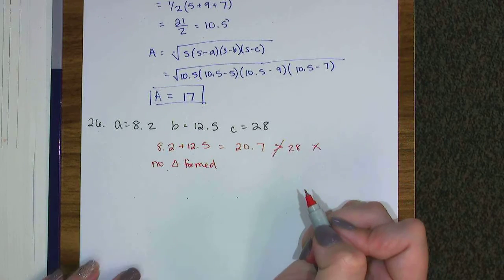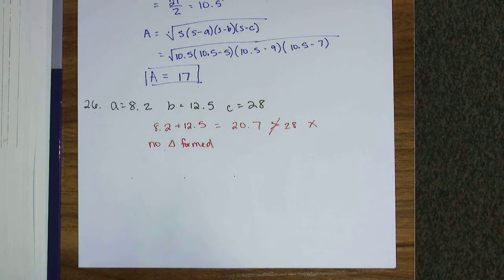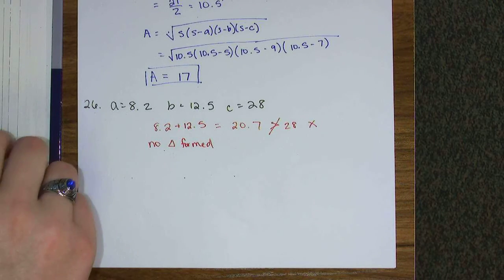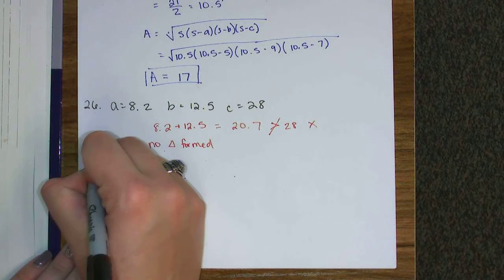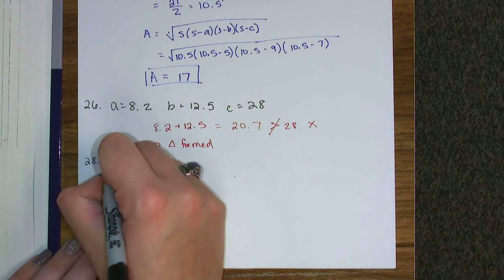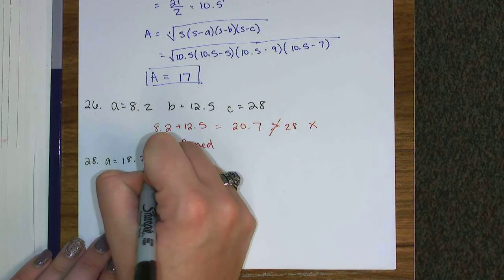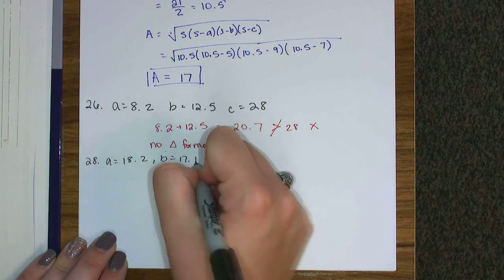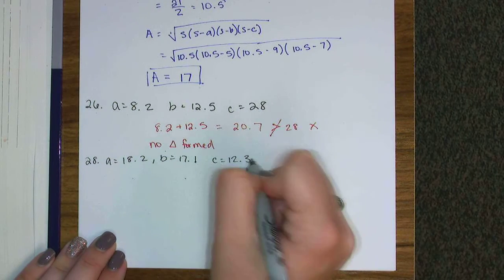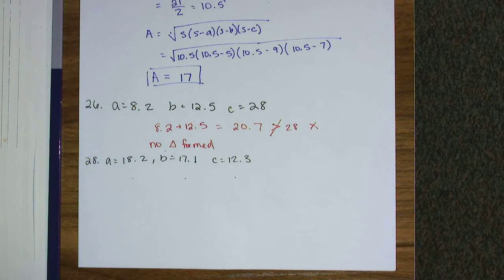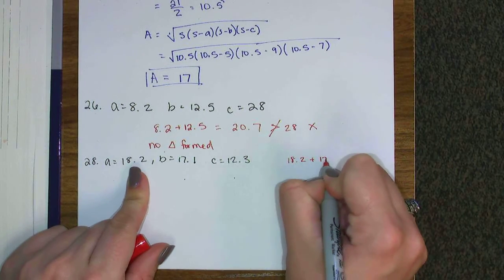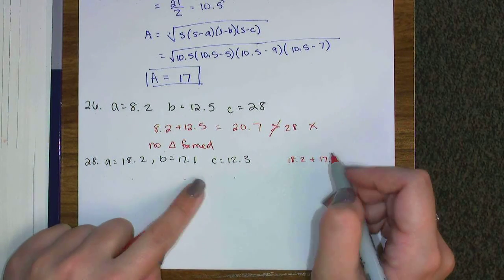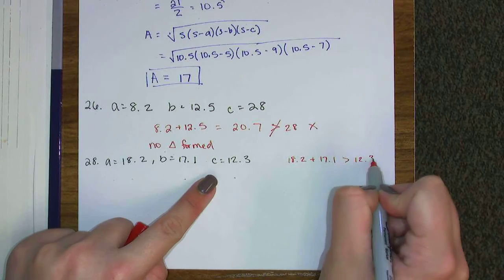Alright, so let's do one last example so you actually get another one that uses the formula. 28. A is 18.2, B is 17.1, and C is 12.3. Alright, so I'm just going to kind of check them over here. 18.2 plus 17.1, and I know that's obviously going to be greater than 12.3 because both numbers are greater than.